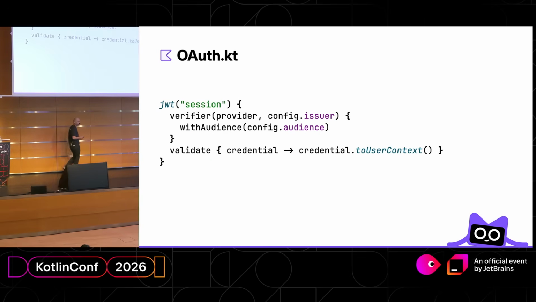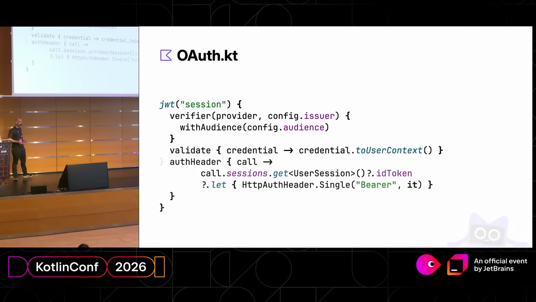I rely on the JSON Web Token provider to validate the token that lives inside of my session, but here the token is not coming from the authorization header, but it is coming from the session itself, right? So I access the user session, I extract the token, and I create the HTTP auth header type that Ktor expects to validate the token, right?